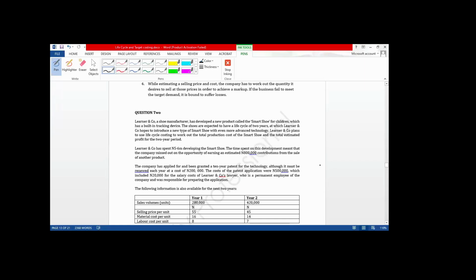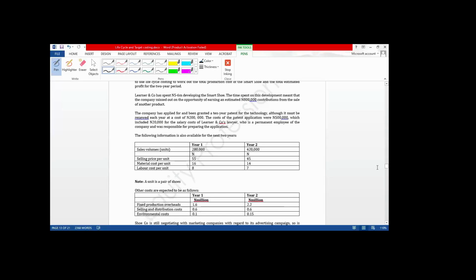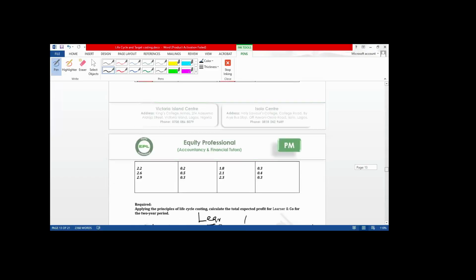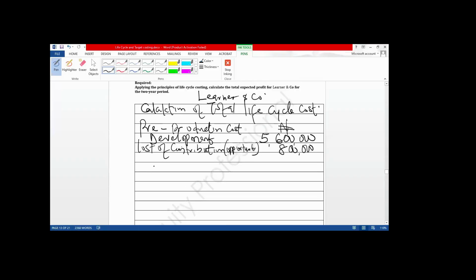That means since the production is for 2 years, this particular shoe is for 2 years life cycle. That means we are going to renew for 2 years. I will come here. Renewal cost per year is 200,000. For 2 years, that will give me 400,000.